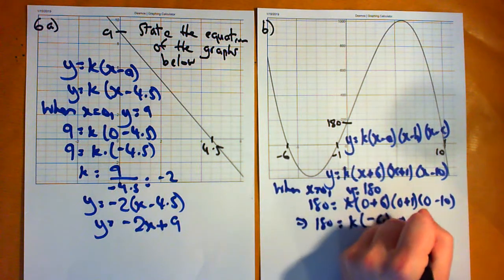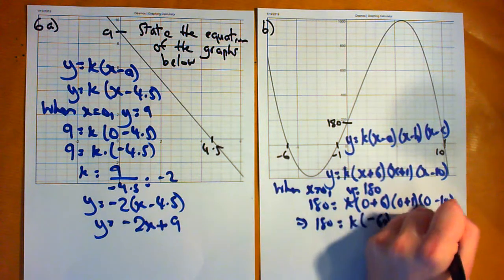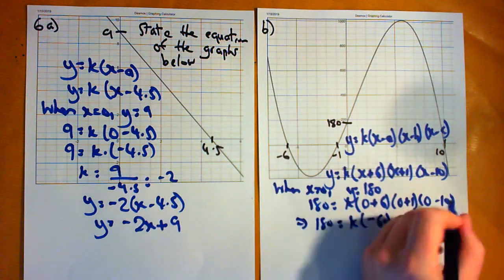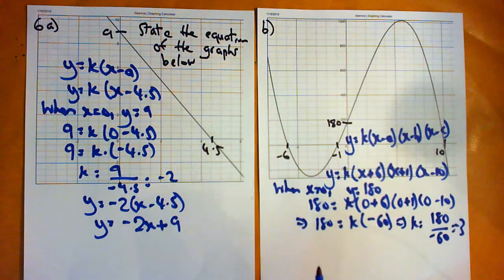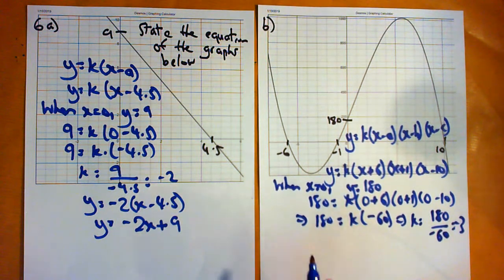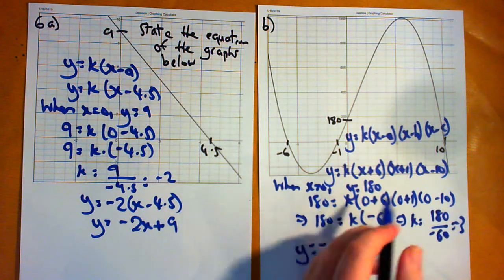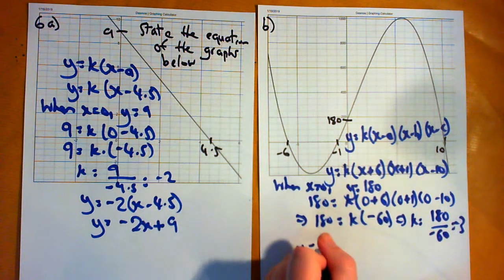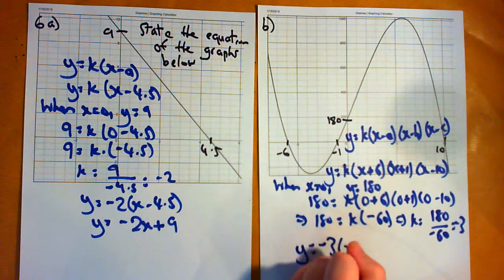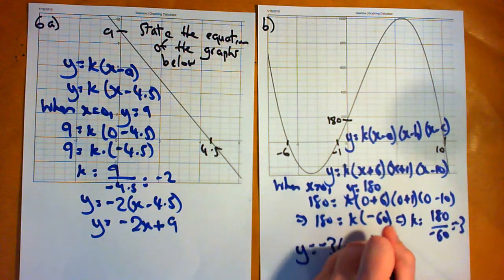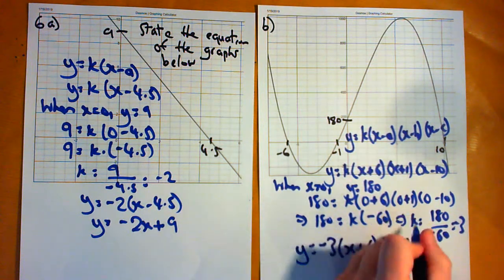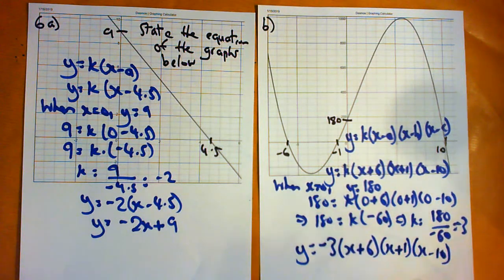So therefore k equals 180 divided by negative 60, which is negative 3. So we've got our value of k. Now we can substitute that back into this line, so we get negative 3 times (x plus 6) times (x plus 1) times (x minus 10).